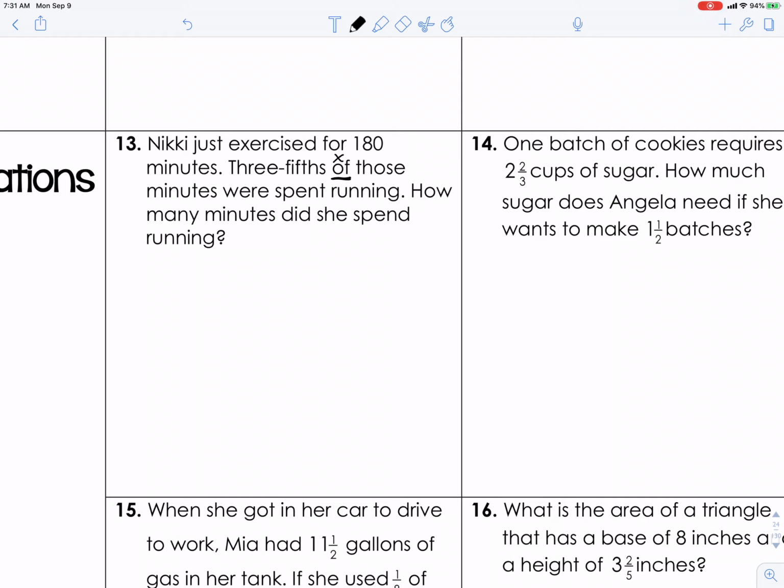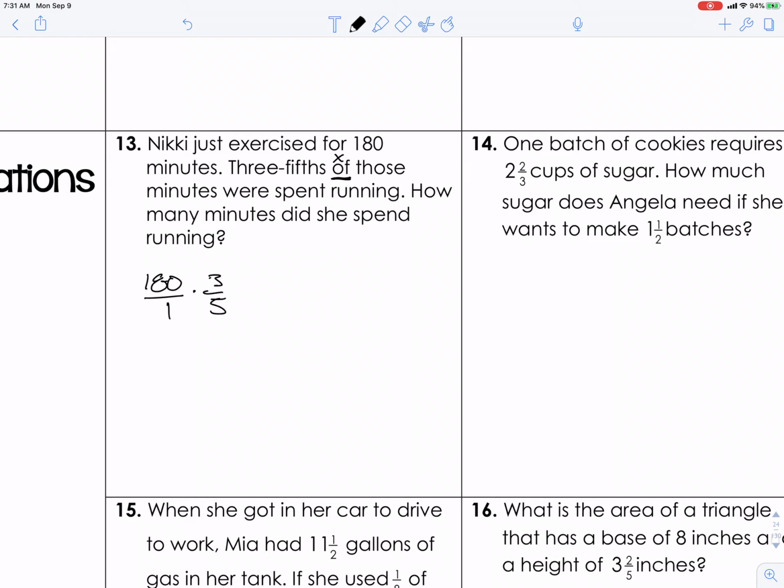So let's figure this one out. We have 180 minutes that she exercised, but she did 3/5 of that. Well, 180, I just put a 1 under it. That's all I got to do. Then I look at, can I do any kind of reducing? Well, 180 over 1, that's as small as that's going to get. 3 over 5, that's as small as that's going to get.